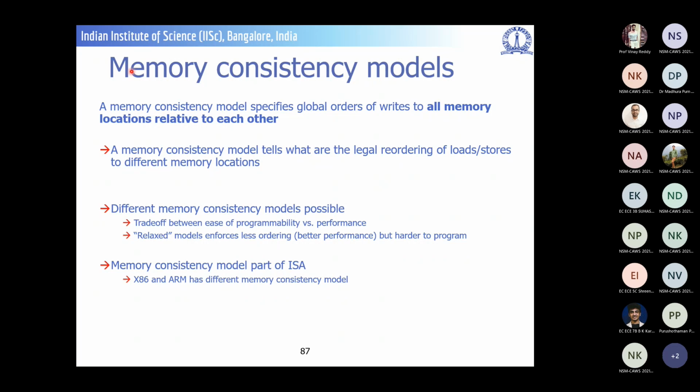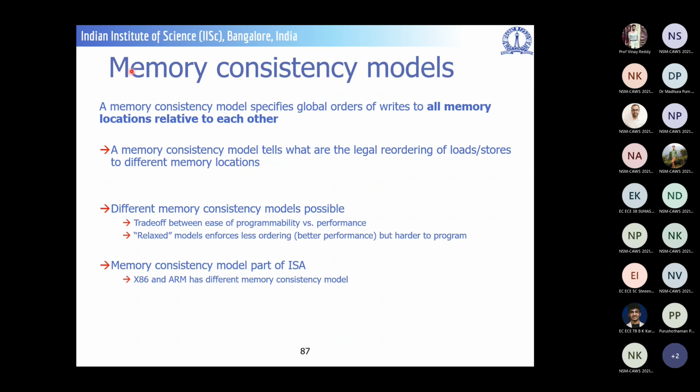On the other hand, more relaxed models put more burden on the programmer, who has to be more careful when writing error-free multi-threaded programs, but they might allow the hardware to do more optimization. We'll talk about some of this, and as I said, this differs from processor type to processor type. It's part of the instruction set architecture.